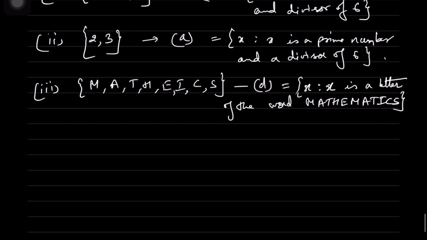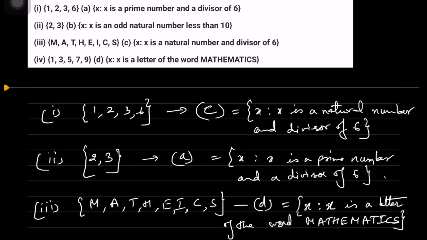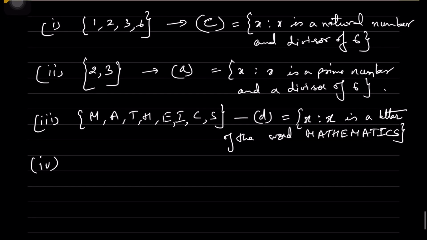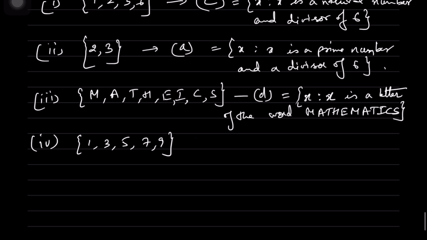Yeah, next the fourth one. What's the fourth one given? 1 3 5 7 9. There's only one left over there. It is an odd natural number less than 10. So 1 3 5 7 9 is matching with B. That's the only match left out.